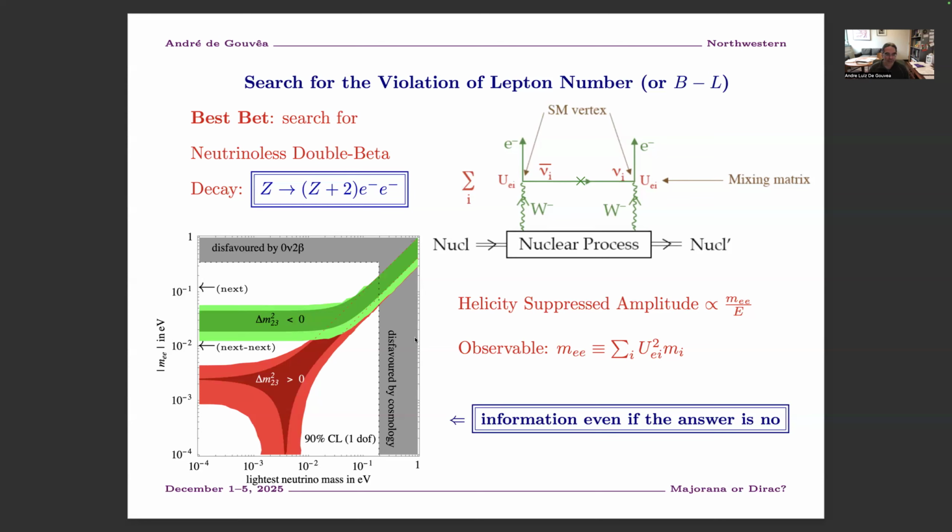And it turns out that if the neutrino mass ordering is inverted, this observable has to lie in this green band. If the neutrino mass ordering is normal, this observable has to lie in this red band if the neutrinos are Majorana fermions.